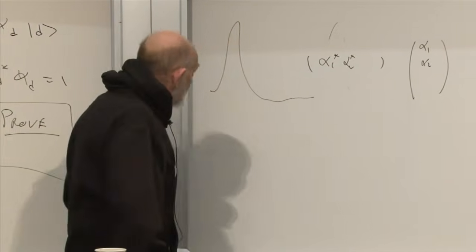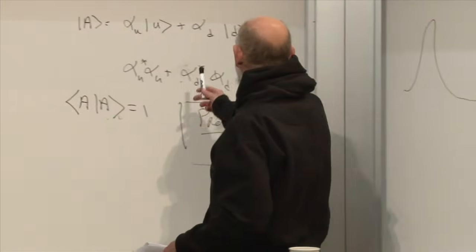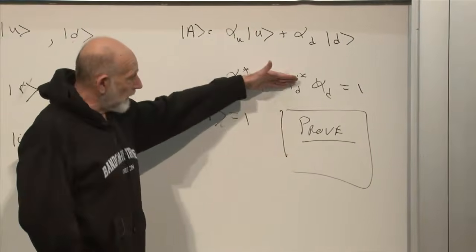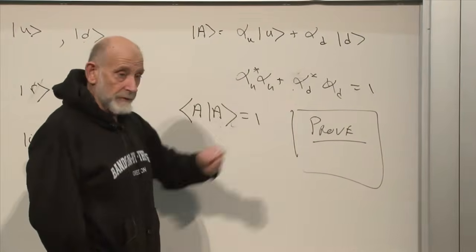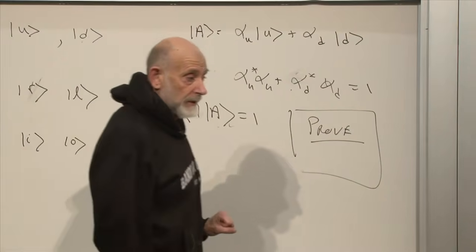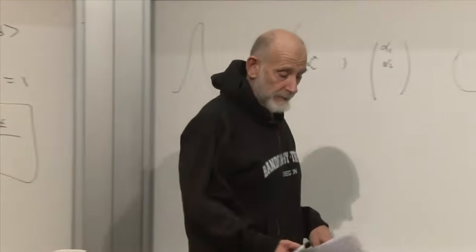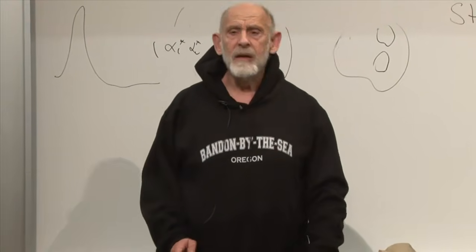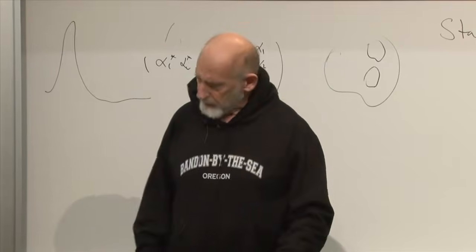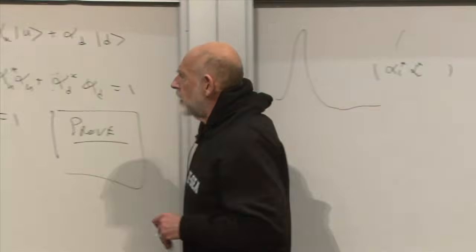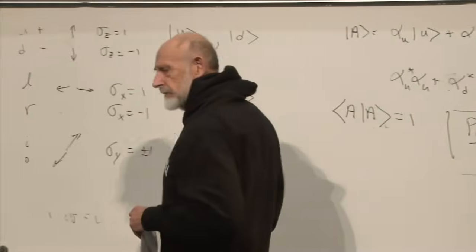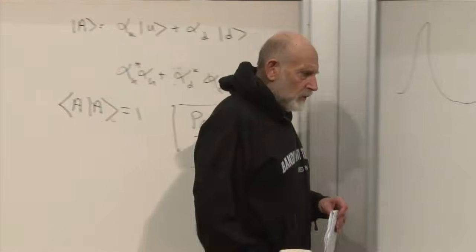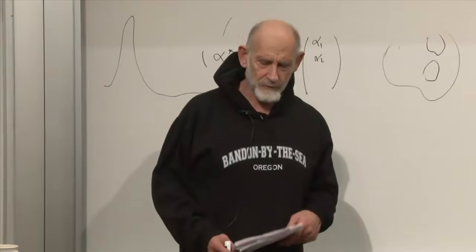And given any such unit vector, the probabilities associated with it are alpha star alpha up and alpha star alpha down. So that is a bit of information. But wait a minute. What happened to these other vectors, right and left? Right and left seem like different states.